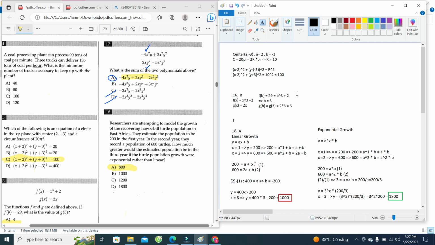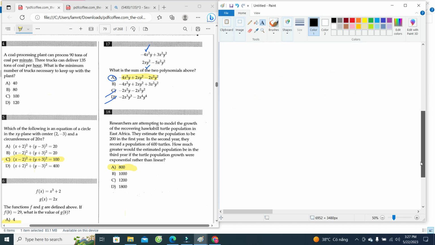Okay, so let's check number 14. Let's recalculate number 14 up here.